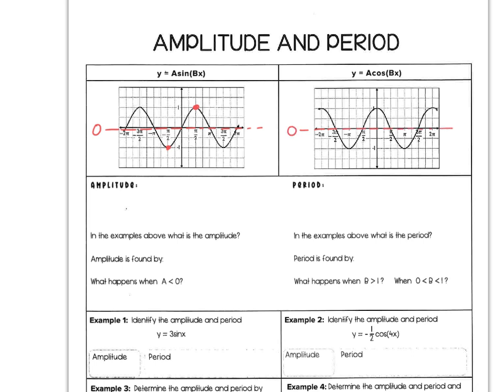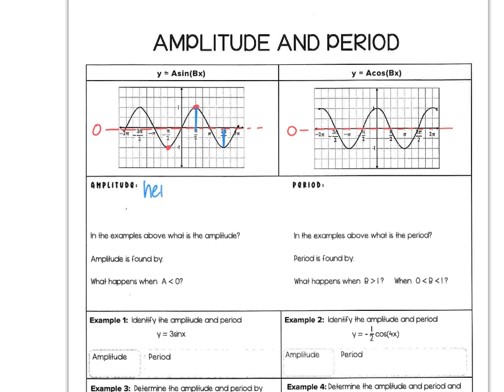The amplitude of the function is the height of the function from the midline. So how tall is the function from the midline to its highest point and also to its lowest point? It will always be the same. So if it's 1 unit to the highest point, it's also going to be 1 unit to the lowest point, and we call that the amplitude.